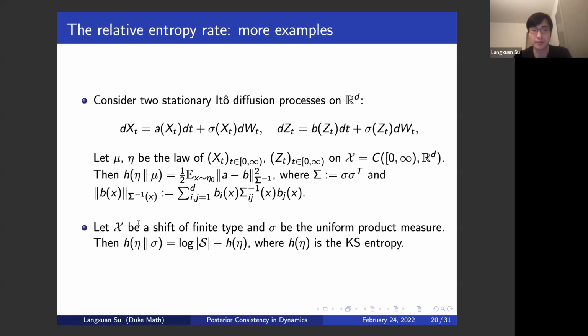If you consider X to be a shift of finite type and sigma to be the uniform product measure, then the divergence of any measure eta with respect to the uniform measure is given by the log of the number of letters in your alphabet minus the entropy of eta, where the entropy is the classical Kolmogorov-Sinai entropy, or the measure theoretic entropy. But anyway, this is an example for the people in ergodic theory.